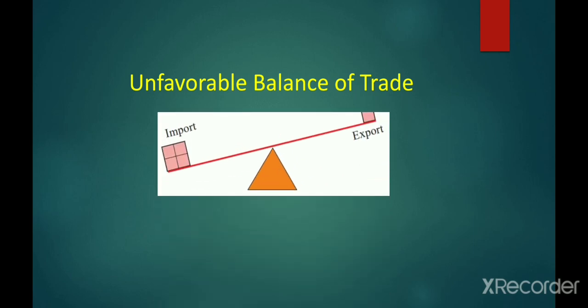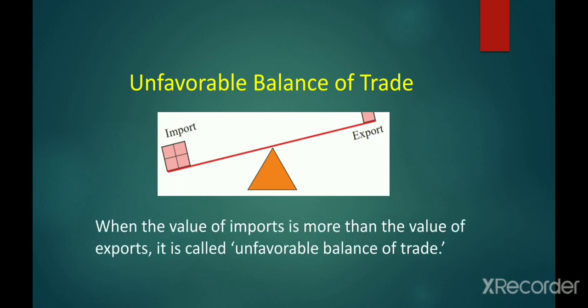See, first, what is unfavorable balance of trade? When the value of import is more than the value of export, it is called unfavorable balance of trade. You can see in the picture how the balance is: import value is more and export value is less.